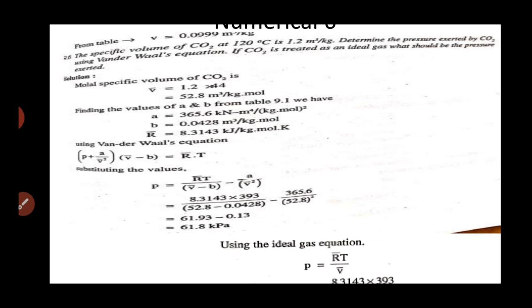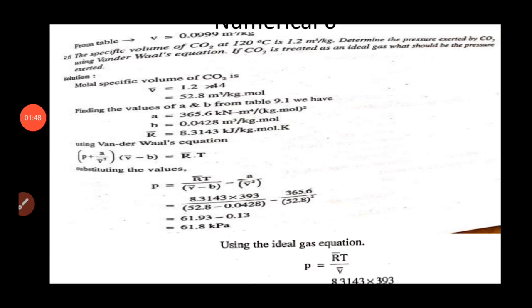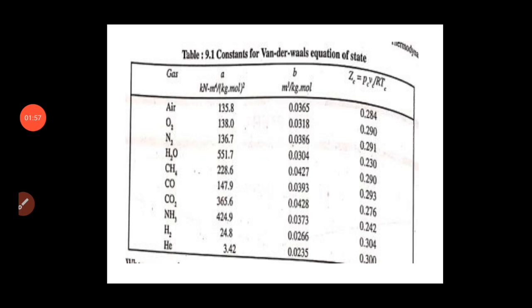Now for this CO2, for the Van der Waals equation there are two constants, A and B, and we will find the values of A and B from the table for the Van der Waals equation. For the CO2 gas, it is directly given. These are the constants for the Van der Waals equation, small a and b.